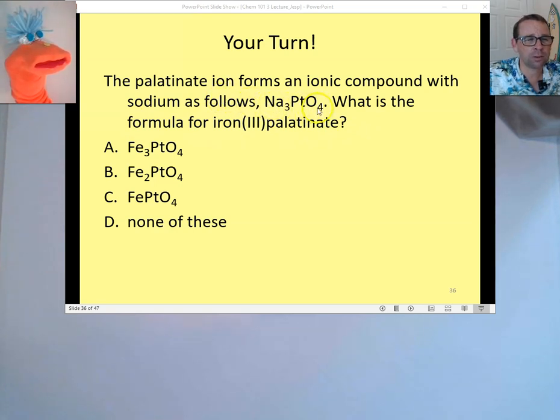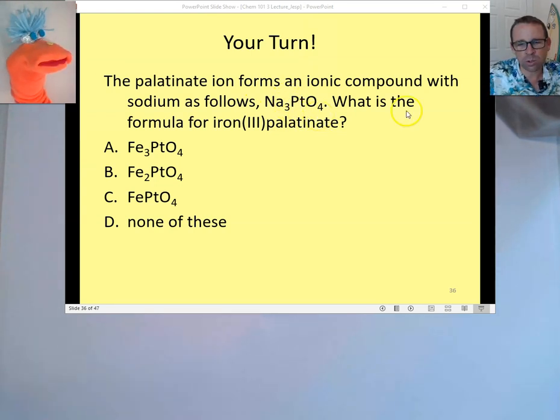Well, if we look at the sodium platinate here, what does that tell us about the charge on the platinate ion? Well, the platinate ion's not on the polyatomic chart. You're right, it's not on that polyatomic ion list. But if there's 3 sodiums needed for every platinate, what does that tell us about the platinate? I don't know.